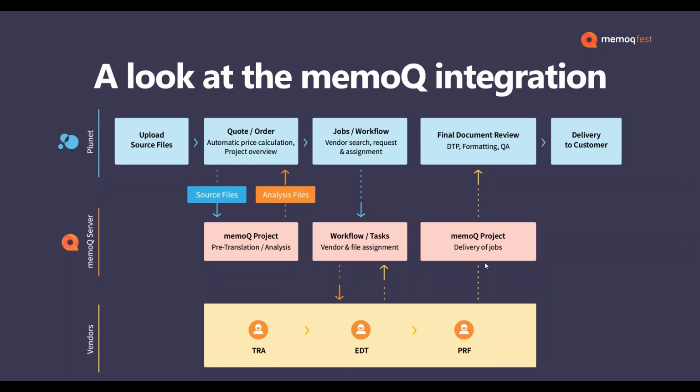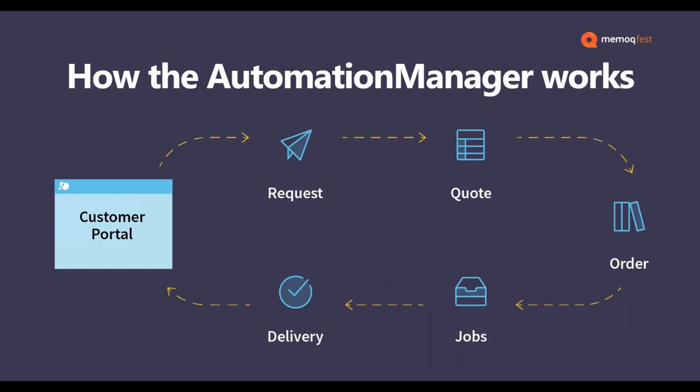And once the linguists deliver in memoQ, this triggers a chain of events which finalize the file, export the file, create a deliverable, and send it directly to the customer. So this is the job of the memoQ dynamic integration, and it is combined with the Automation Manager module, which enables this cycle that you can see on the screen now.